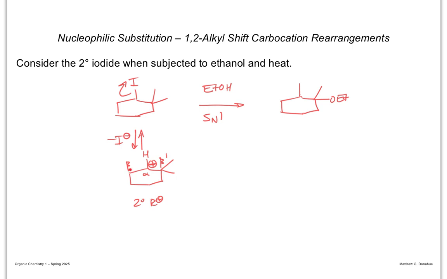From beta, we have 2 hydrogens. If one of them moves over, what is the class of that carbocation that forms? It'll be secondary. So secondary to secondary is not allowed because you're not gaining any stability. So I'll draw it in blue going that way with an arrow through it, which means it doesn't happen.